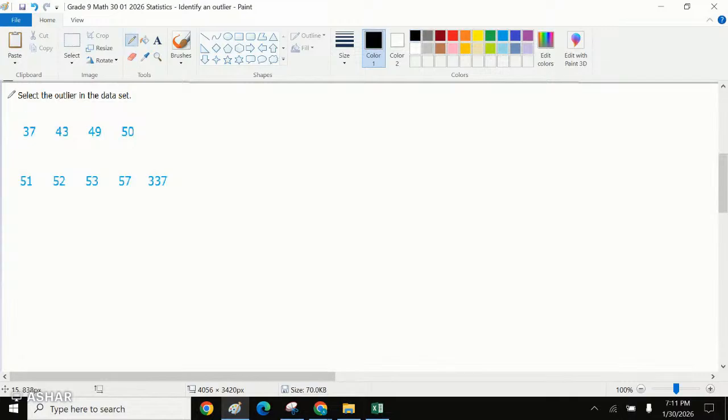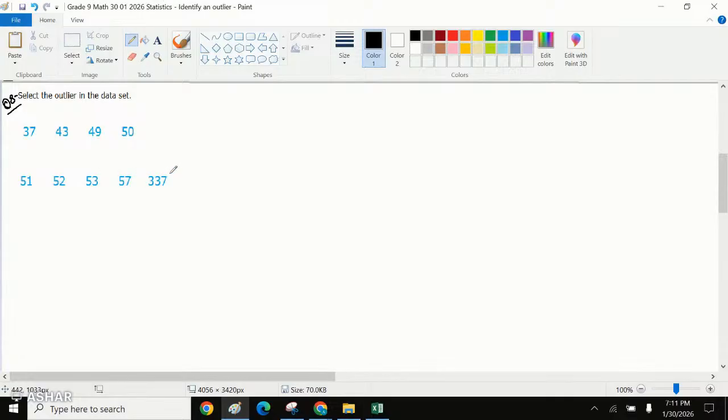okay, question number 8. So we can say that if the smallest value is 37, we need to find the maximum distance between the smallest value and the greatest value, right? And if 37 was the smallest, then 43 is near to 37, 49 is also near to 37, 50, 51, 52, 53, and 57, right?